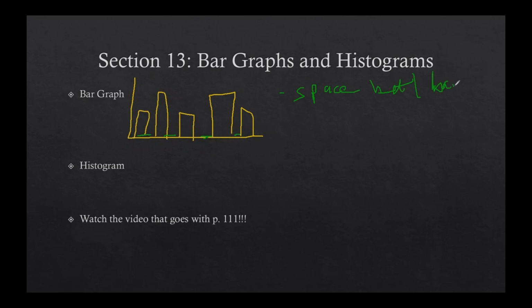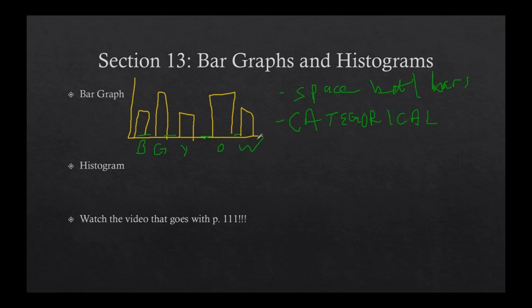And the reason that is true is because a bar graph represents categorical data. Meaning, if I went to a car dealership and I wanted to graph the color of cars on that lot, I have blue cars and green cars and yellow cars and orange cars and white cars.